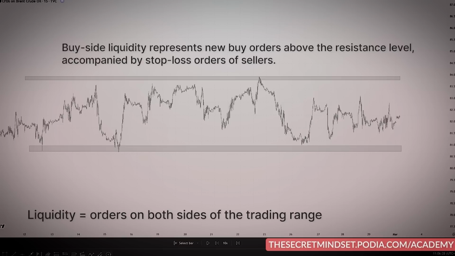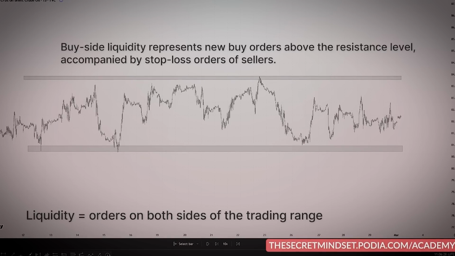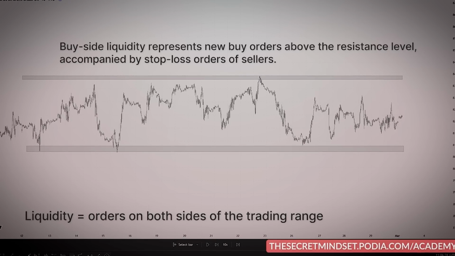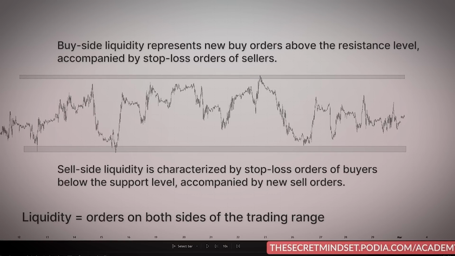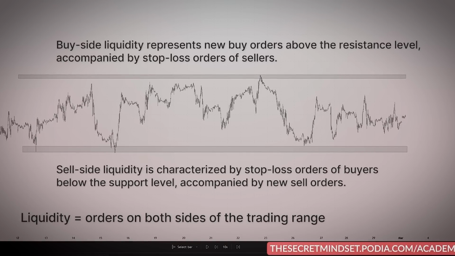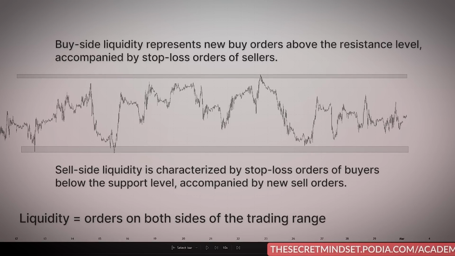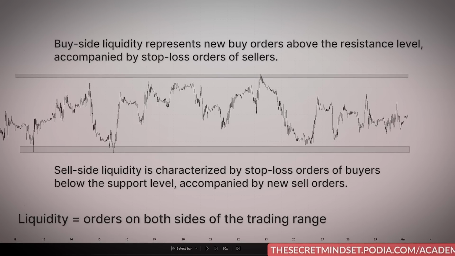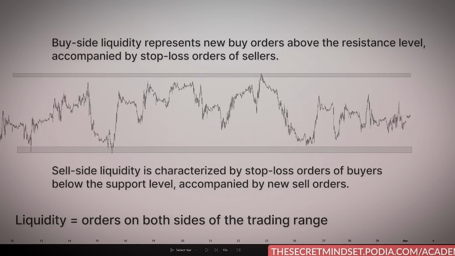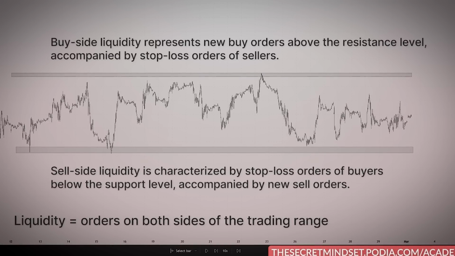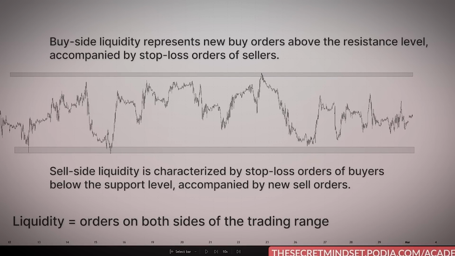Buy-side liquidity represents new buy orders above the resistance level, accompanied by stop-loss orders of sellers. Sell-side liquidity is characterized by stop-loss orders of buyers below the support level, accompanied by new sell orders. By pushing the market above these levels, smart money can access the liquidity required to move price.